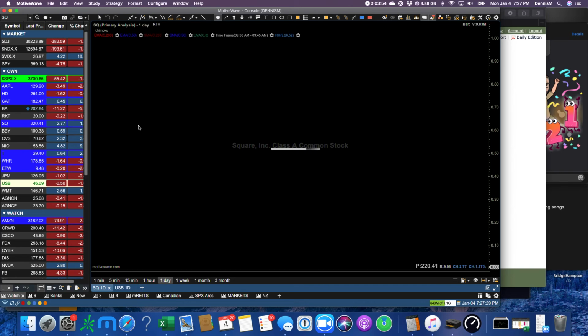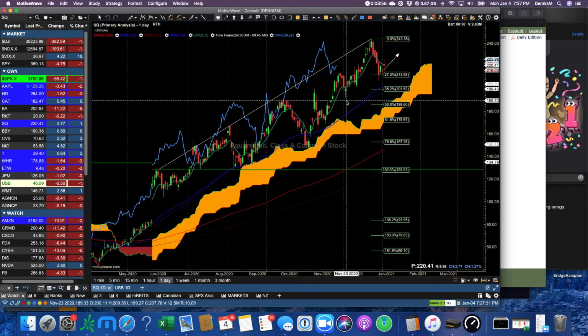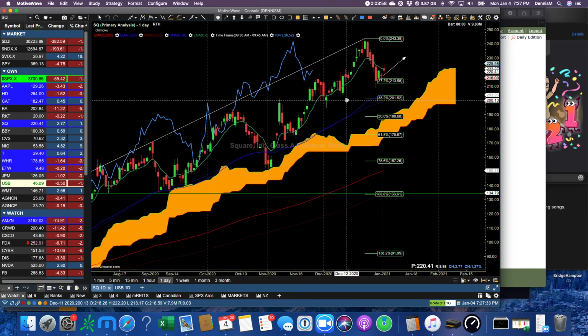Square, I still have shares in Square, but I rolled all of my short calls that would have expired this week to next week. And I rolled my calls that would have expired in January into February. So that enabled me to book about $1,000 of profit on 300 shares or 3 short contracts.